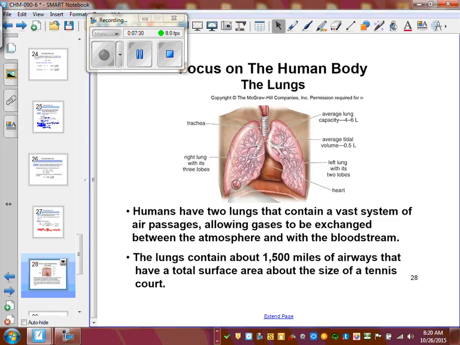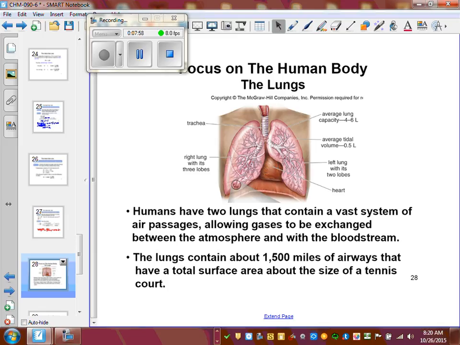Okay, if you look at the human lungs, the average total volume is about 1/2 liter. Average lung capacity is 4 to 6 liters. Your lungs contain about 1,500 miles of airways that have a surface area about the size of a tennis court, so it's very efficient at absorbing oxygen.